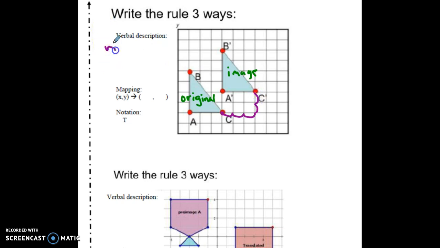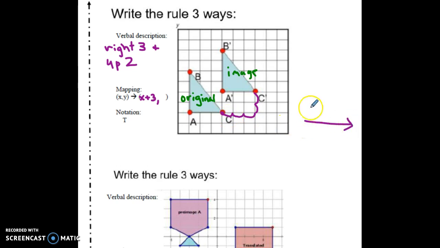So this is my verbal description. I'm literally going to tell in words, I moved to the right 3, and I moved up 2. Now to put it in the mapping direction, remember it's like having a point x, y. In the x direction, didn't we go to the right 3? That means I'm going to use a positive 3, because on the x-axis, all my positive numbers are this way.